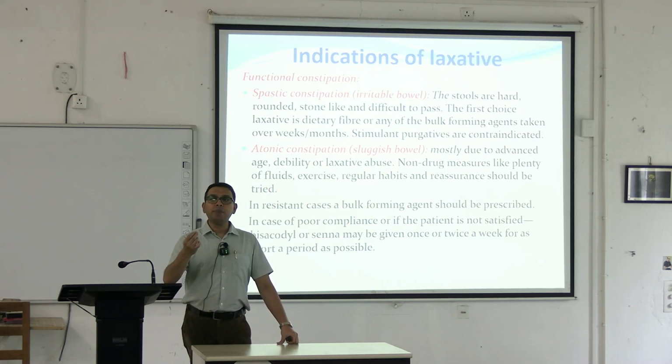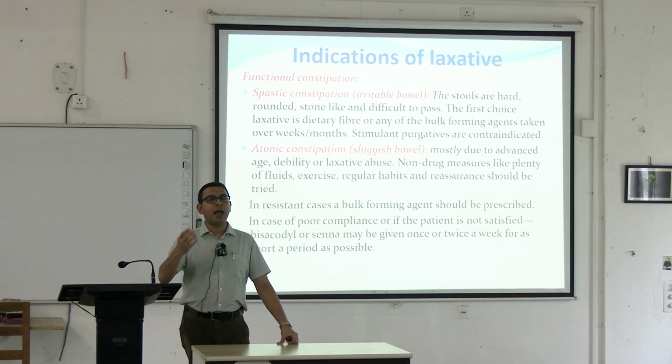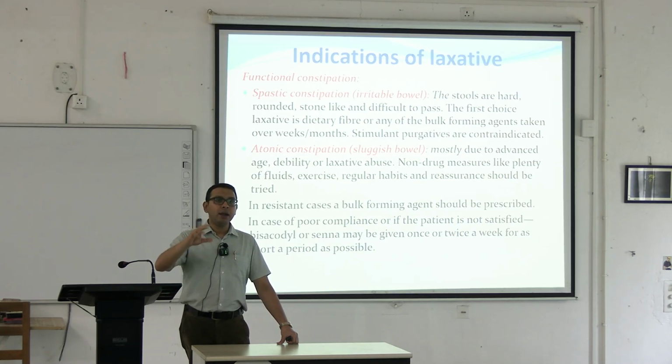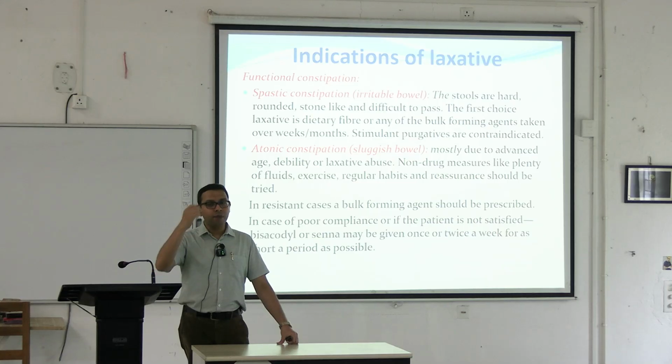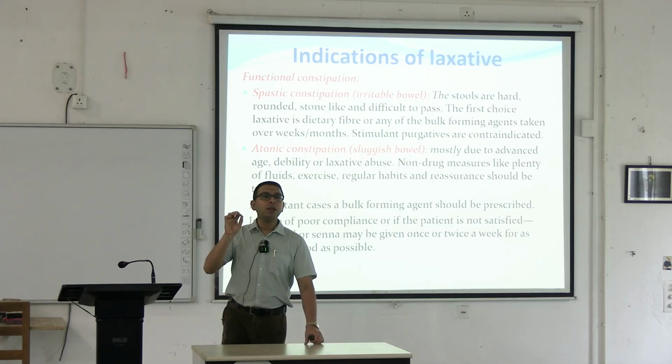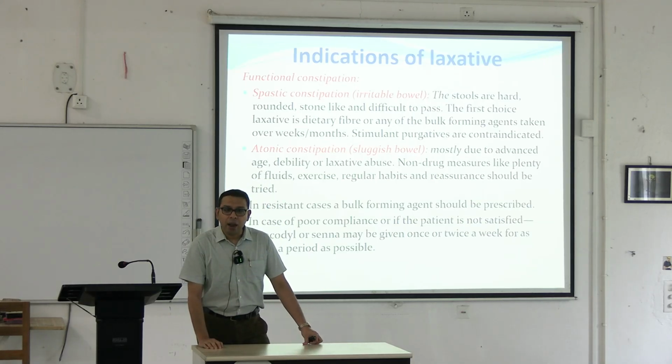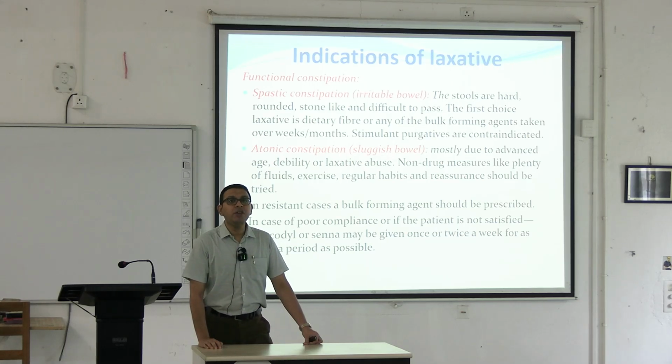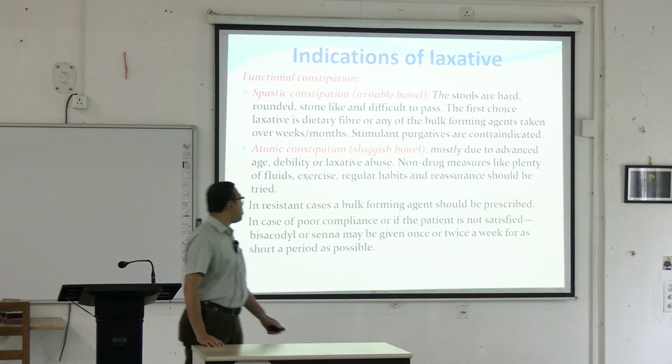There are different types of devices too, like vibratory capsules that can be ingested, which lead to more colonic motility by means of vibration within the colon. There are also nerve stimulation interventions, like percutaneous tibial nerve stimulation or sacral nerve stimulation, in refractory cases of constipation.